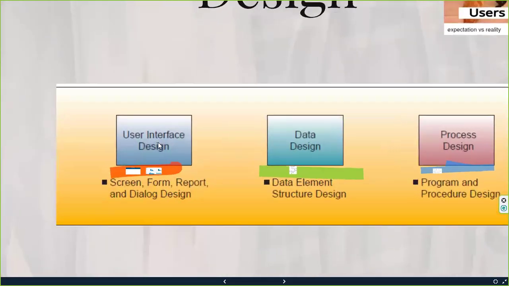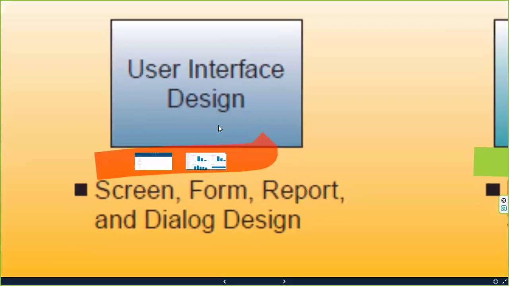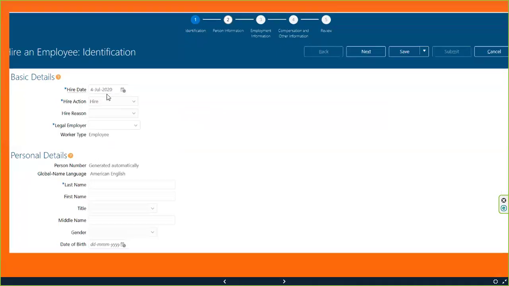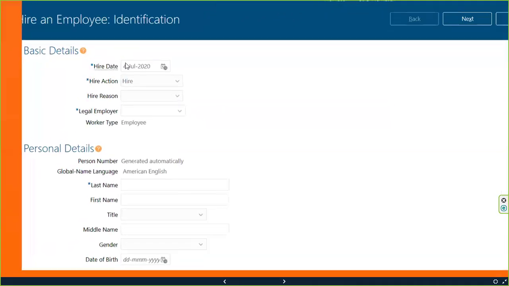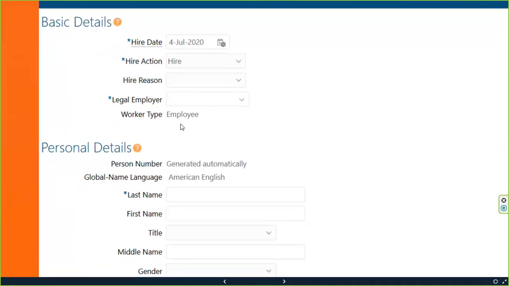First is you have to design the user interface design. User interface is all type of screen, forms, reports, and the dialogue design. You have to design there what the input form will look like. Actually, if you keep record of the employee, you should have some data.